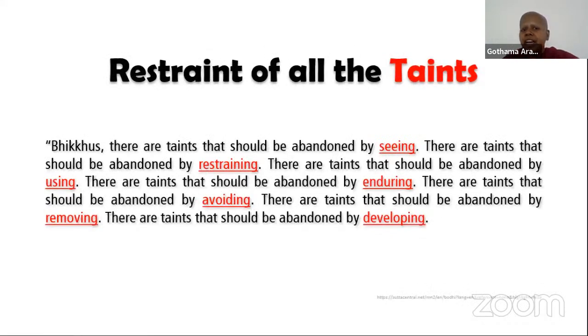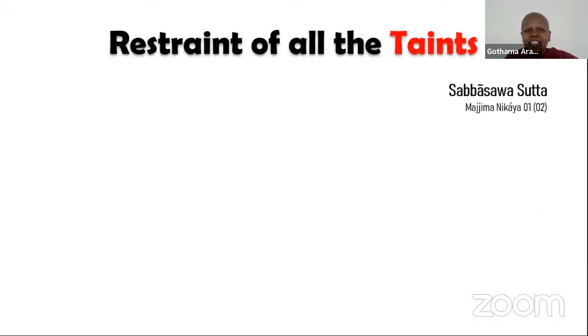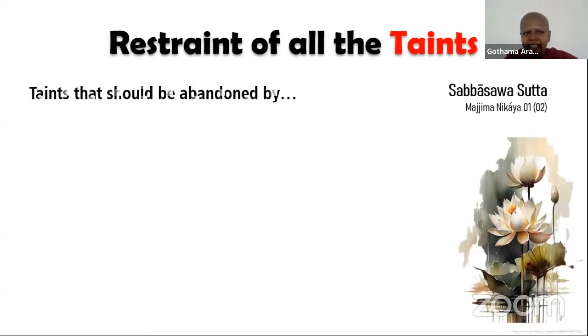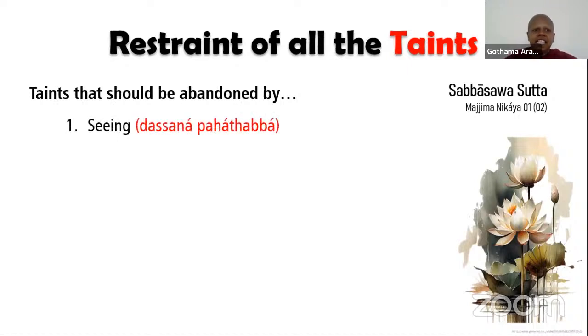There are 7 types, 7 steps in this process. I will just go through the list. The restraint of all the taints that should be abandoned by seeing. We call that dassanena pahatabba. Dassanena means seeing.